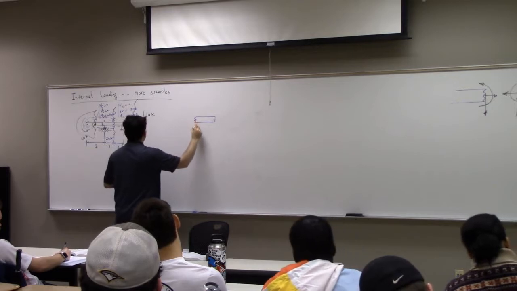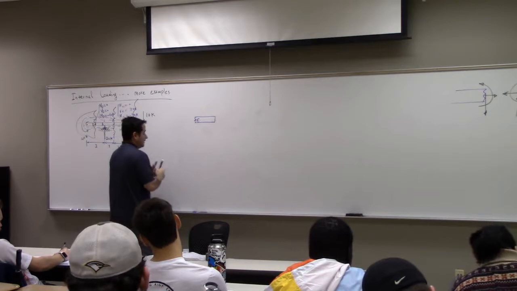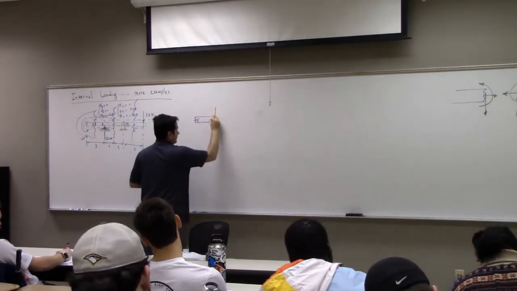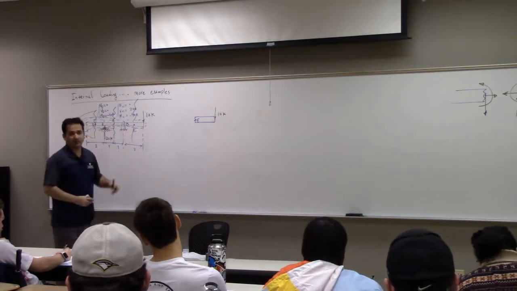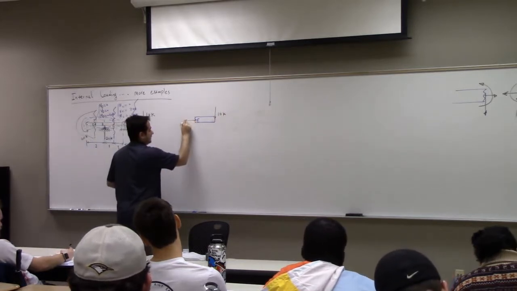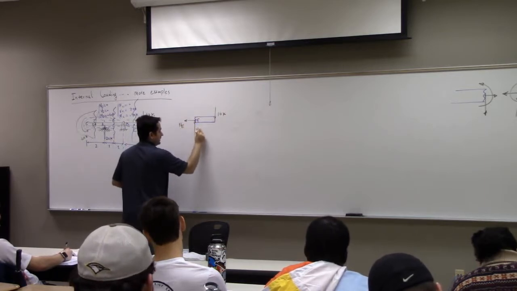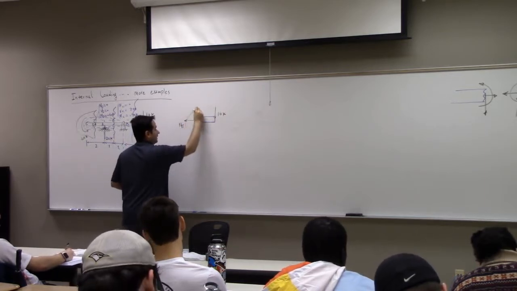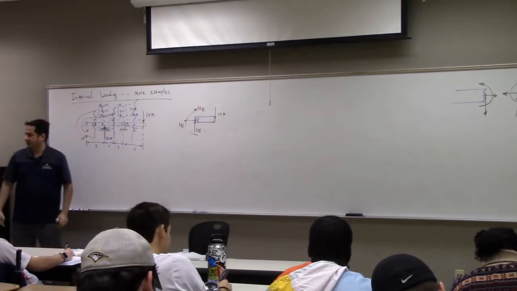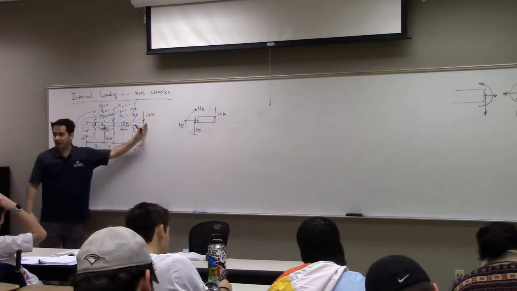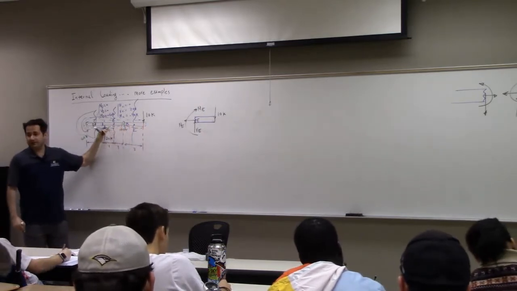So this is point E, and on my FBD, I have a 10K, right? And then I have nothing else except NE, VE, and ME, if I choose the one on the right. So if you choose the part on the right, when you cut it, there is nothing coming from the left.